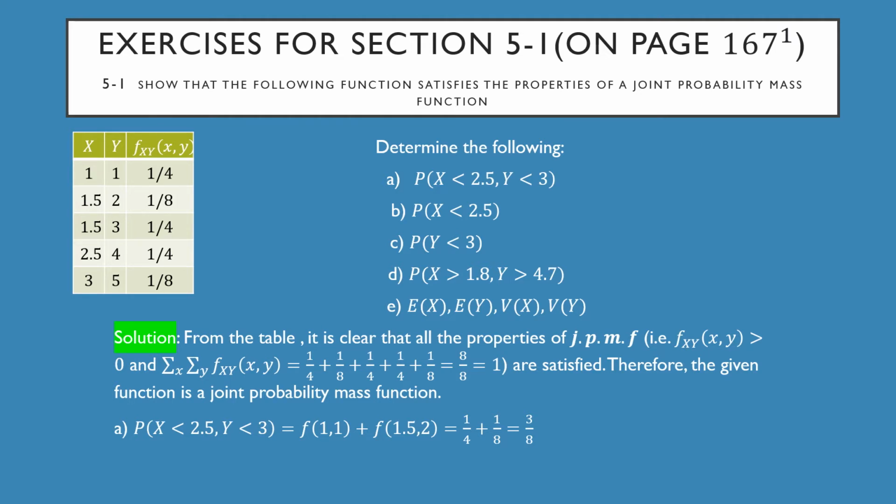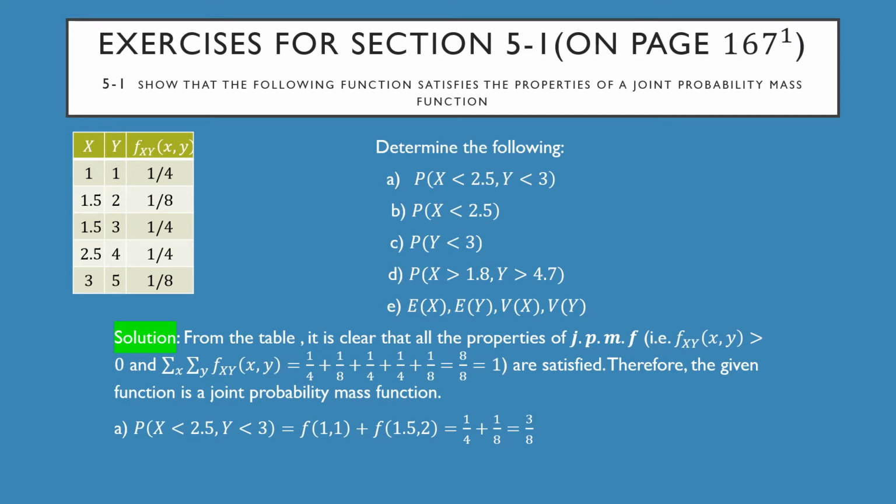When we collect all values, we will get a 1. So from the table it is clear that all the properties of JPMF, or joint probability mass function, are satisfied. Therefore the given function is a joint probability mass function.